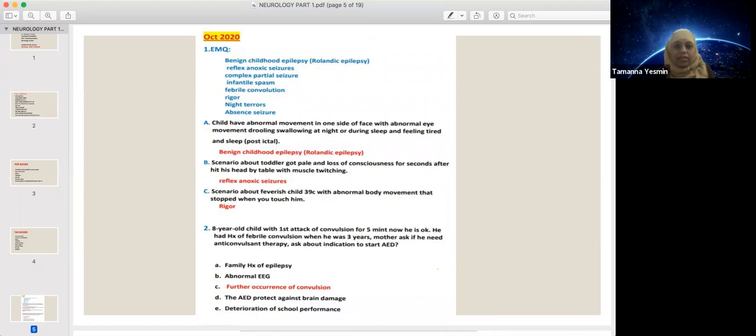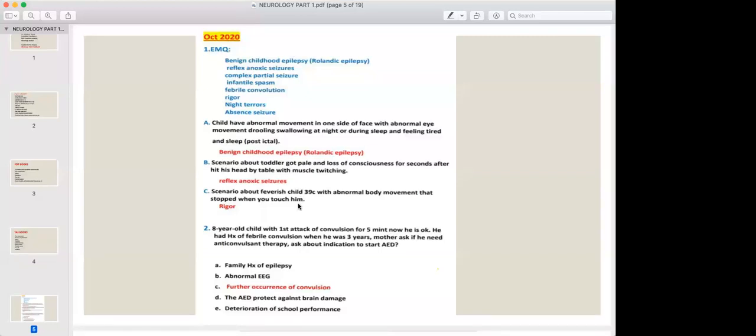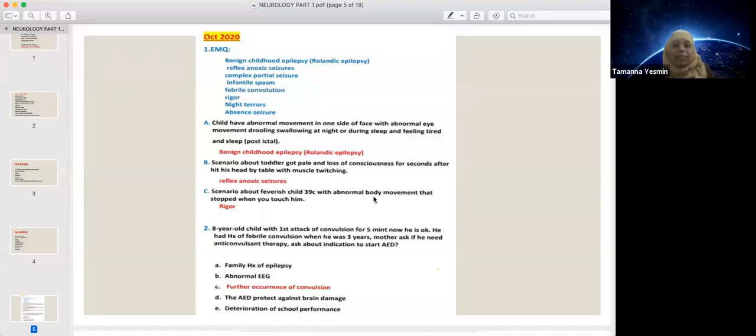This is breath holding attack, okay. So breath holding attack and reflex anoxic seizure, what is the difference between these two? Breath holding attack can be pale, can be blue, cyanotic.